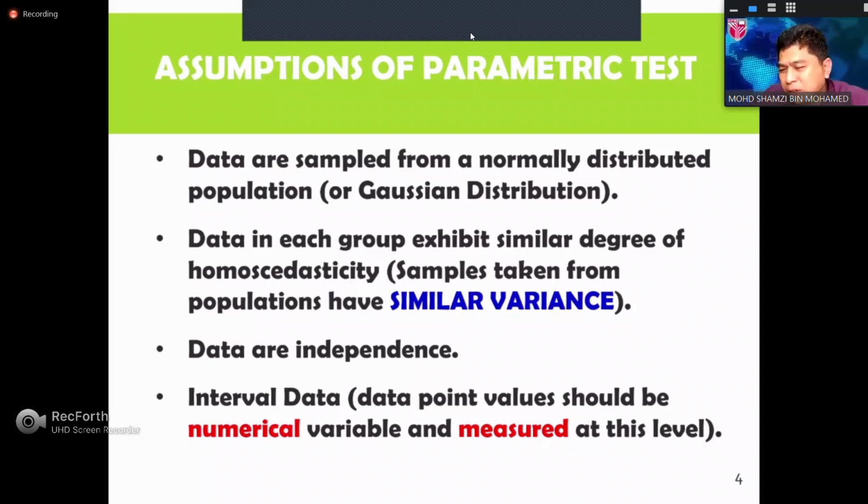So even though your data is continuous or scale, you have to first conduct a normality test. Please recall Dr. Saufi's lecture. If given a set of data, first and foremost, before any hypothesis testing, you first need to test if the normality distribution assumption has been met.